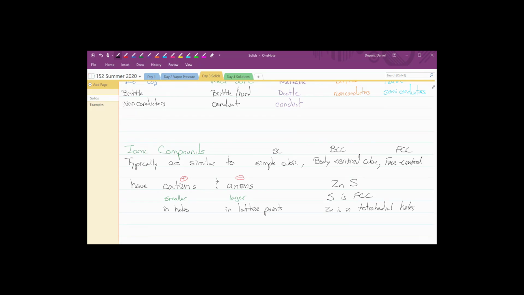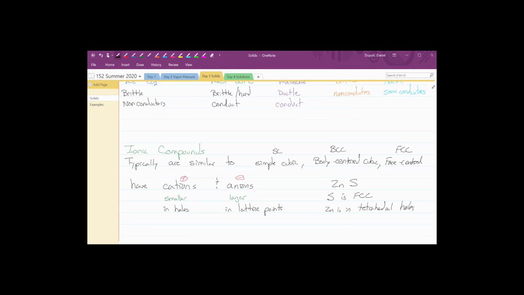It's still a 1-to-1 ratio, zinc to sulfur, but the cation is usually in between the anions. It fits in that empty space between. Just how it happens to work out, we're not going to get into that.